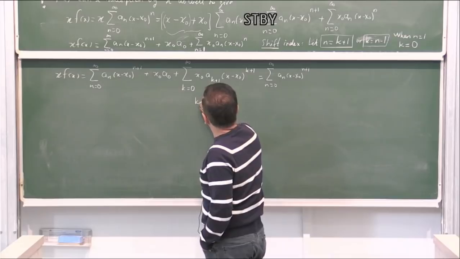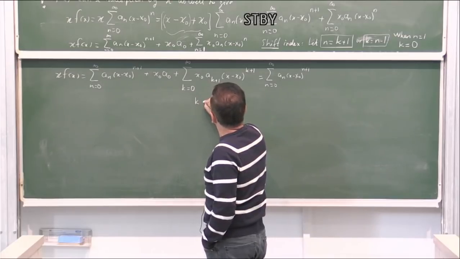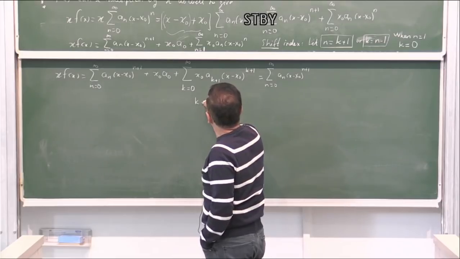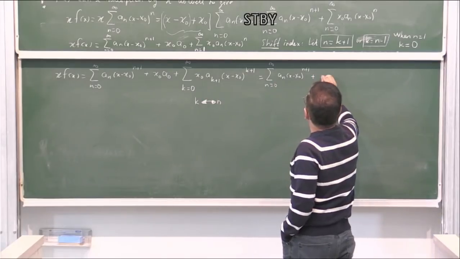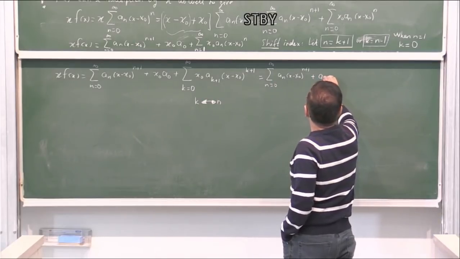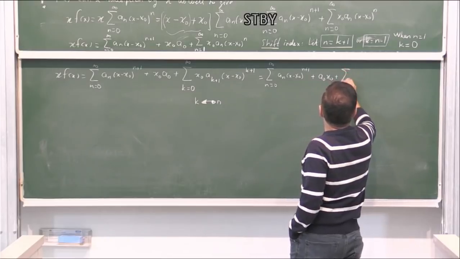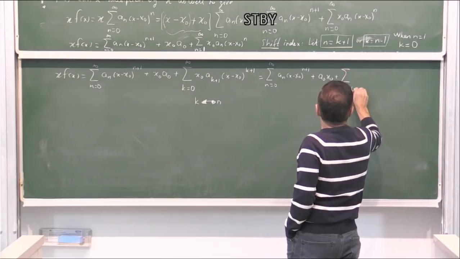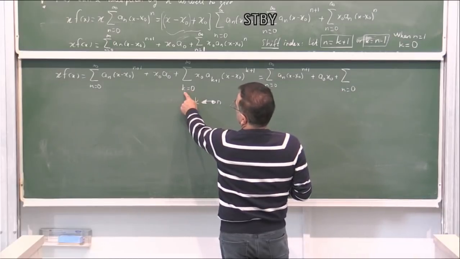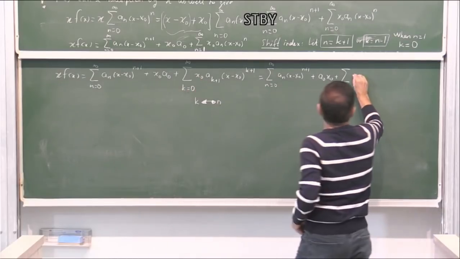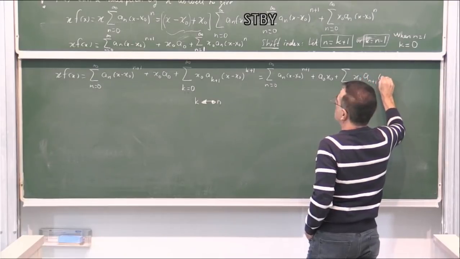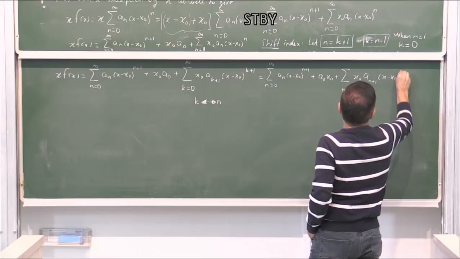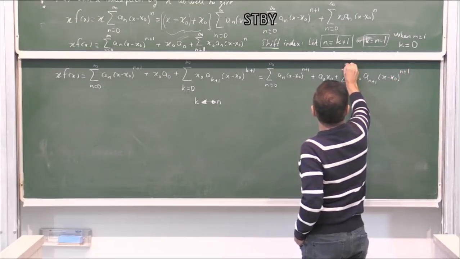Again, we can interchange k and n, and we have x0 a0 plus. So we interchange k by n to write x0 a n plus 1 x minus x0 to power n plus 1.